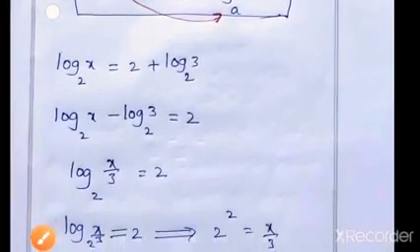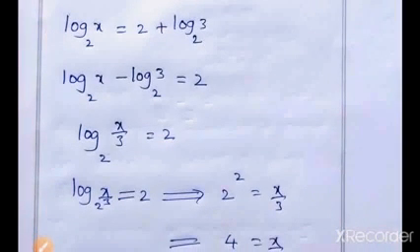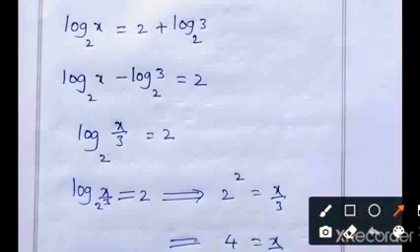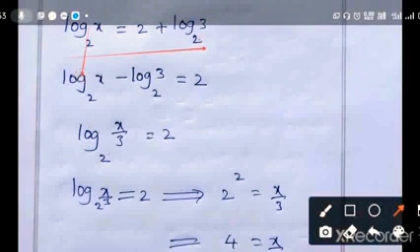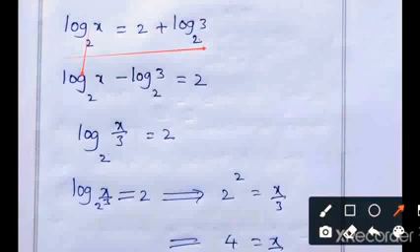See here, the same expression I have written here. Log x base 2 is equal to 2 plus log 3 base 2. The same log 3 base 2 is written here. This is plus, and it changes to minus because it comes to this side.